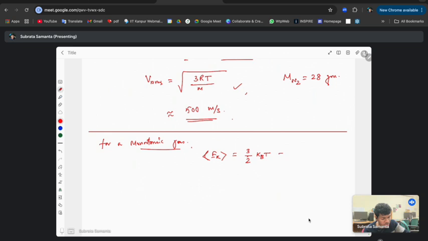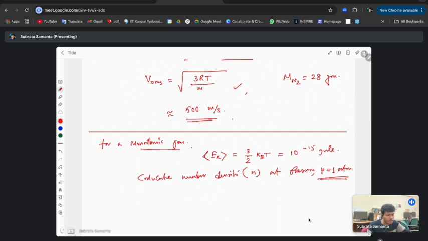That is given, let's say 10 to the power minus 15 joule. Now we aim to calculate the number density n at pressure P equals 1 atm.